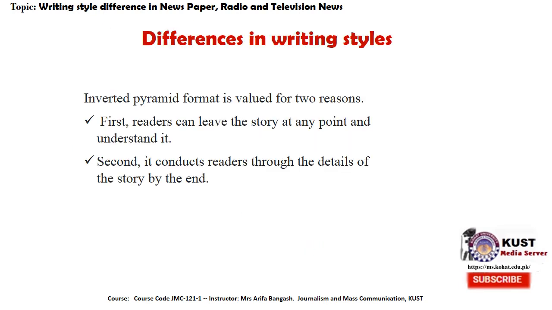The inverted pyramid format is valued for two reasons. First, a reader can leave the story at any point and understand it, even if they do not have all the details. And second, it conducts readers through the details of the story to the end.